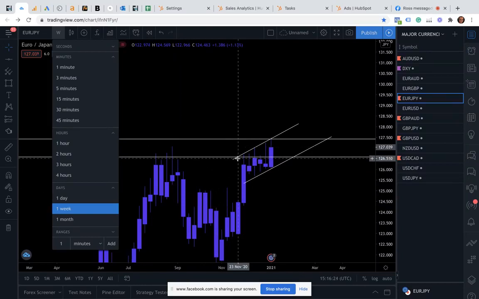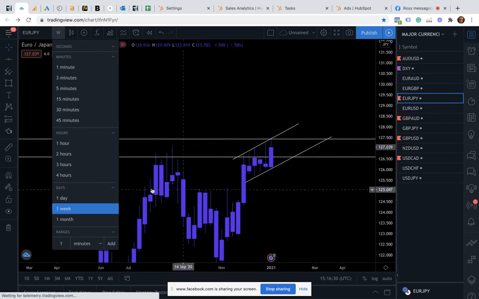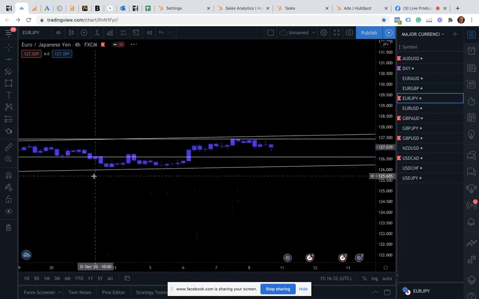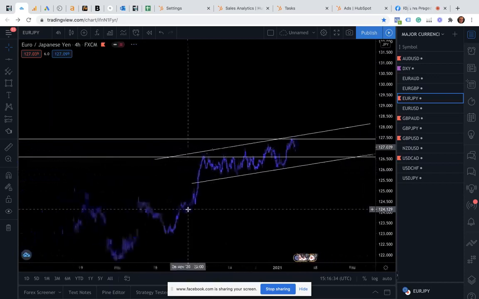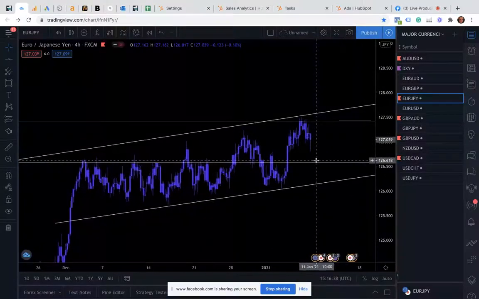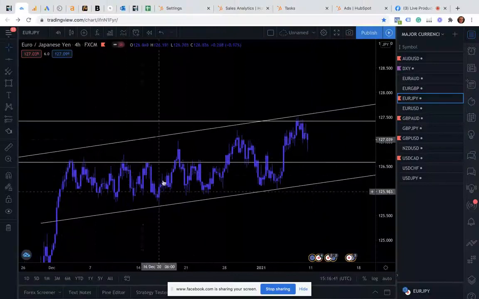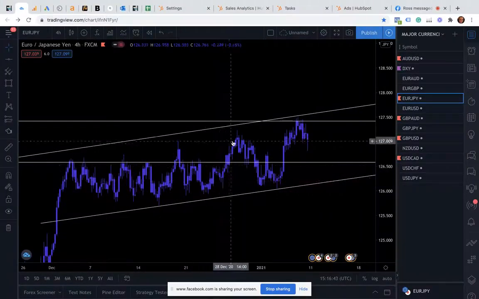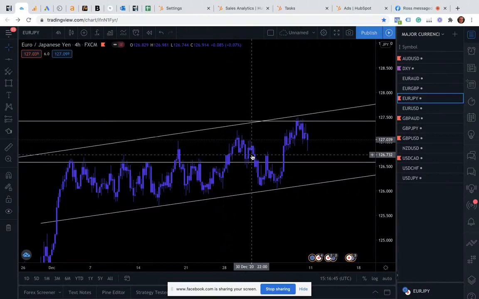But this is what we're looking at here. The fact that we've got a massive level right now that we're approaching, and we've got an ascending channel. Now, what really is an ascending channel? An ascending channel is just really slow, weak price action. As you can see here, not much is moving. We are moving higher, but we're moving higher very slowly, which tells us there's not really much buying power right now, and potentially we could get a pop to the downside.